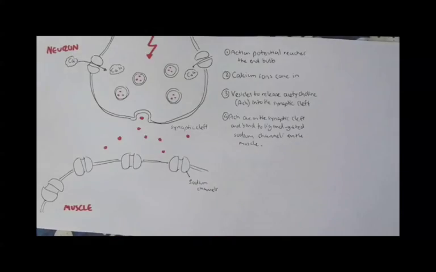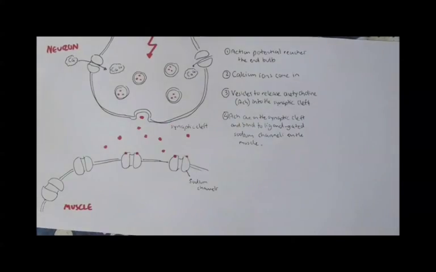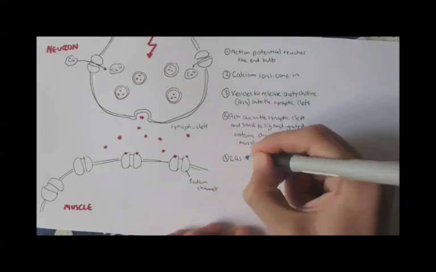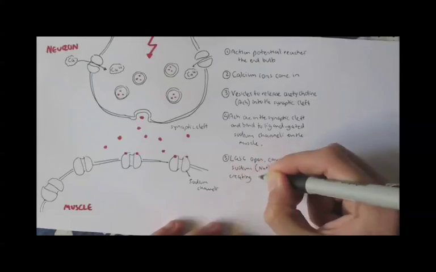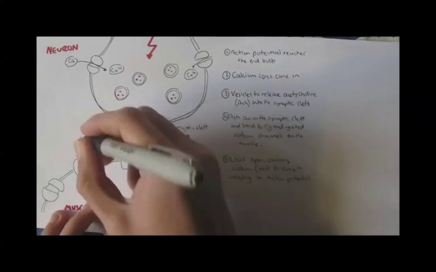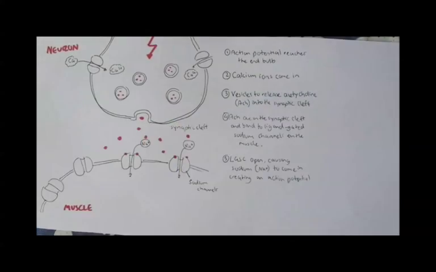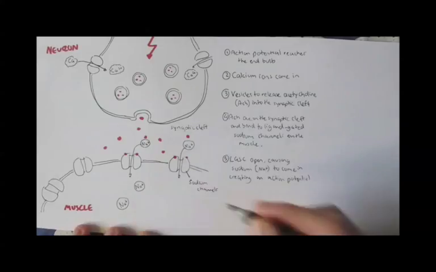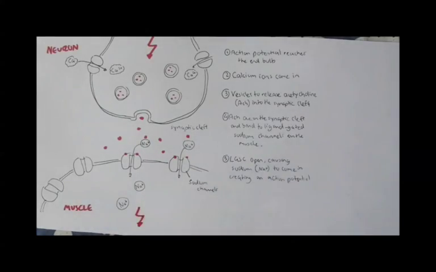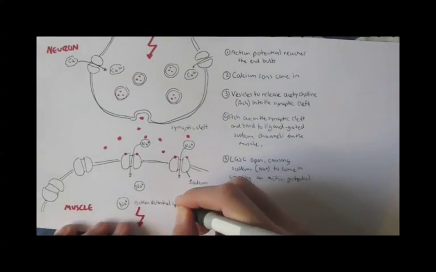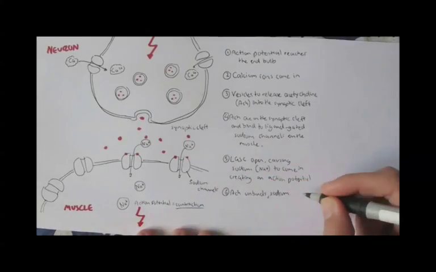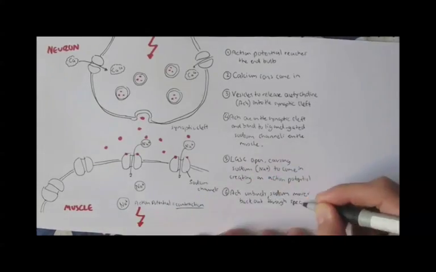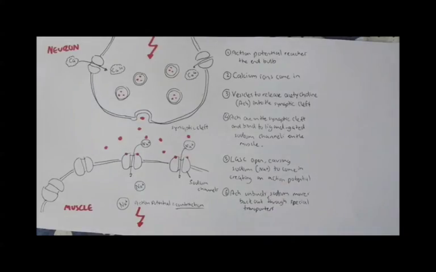So here we have the sodium channels again, and the acetylcholine will bind to these channels, which will then cause sodium ions on the outside to come into the muscle. Sodium comes in. The sodium coming in will then generate an action potential within the muscle, which will essentially cause muscle contraction.